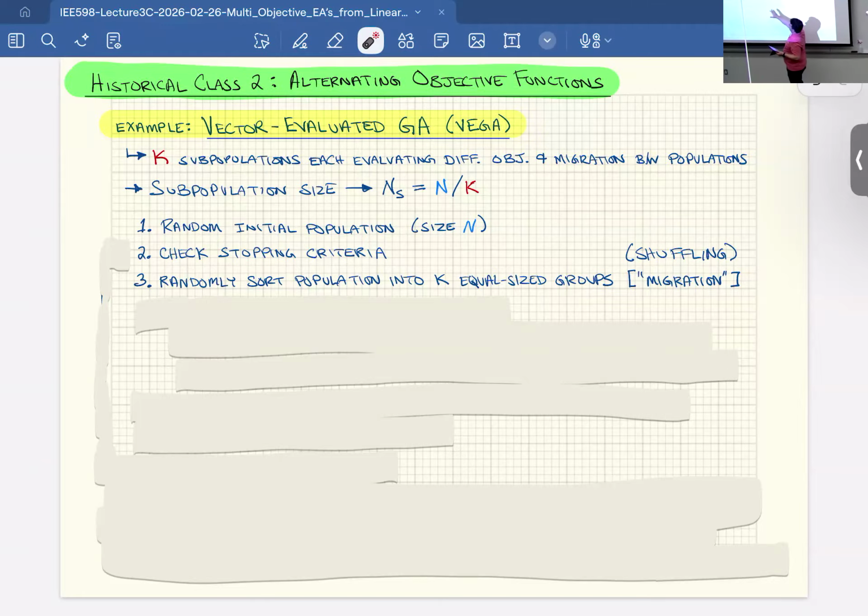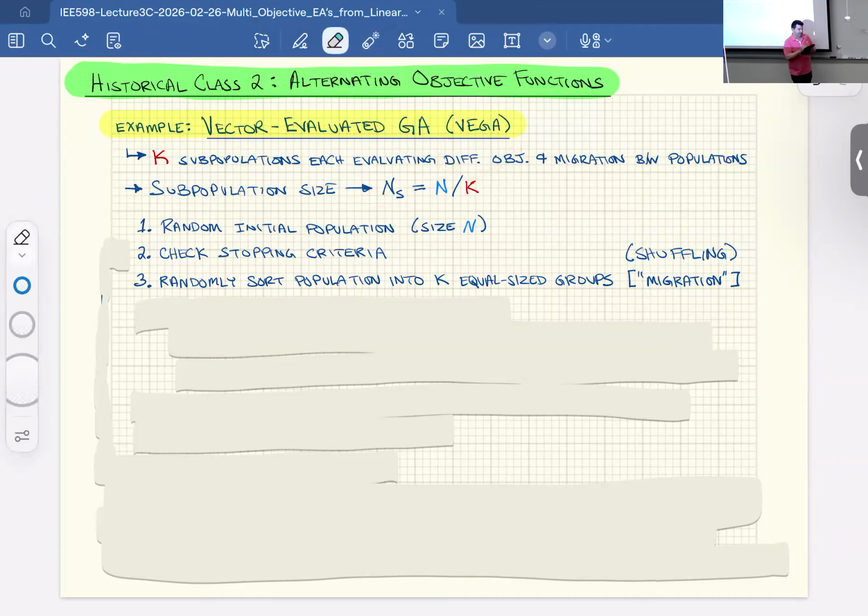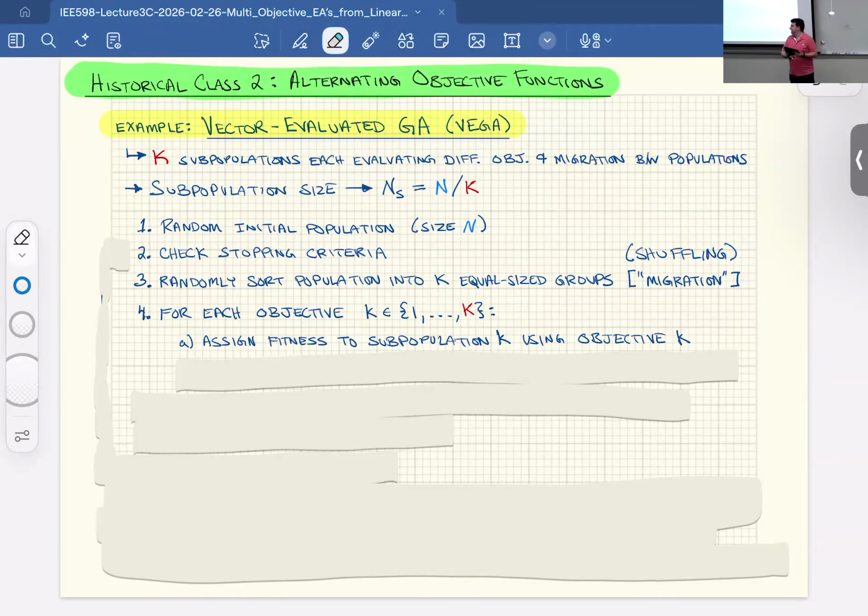Right, so how does this work? Random initial population, we check our stopping criteria. We randomly sort the population into these K equal size subgroups. So each subgroup is of size the main population divided by our number of objectives, which is the size of each one of our subpopulations. Sometimes this is called shuffling.